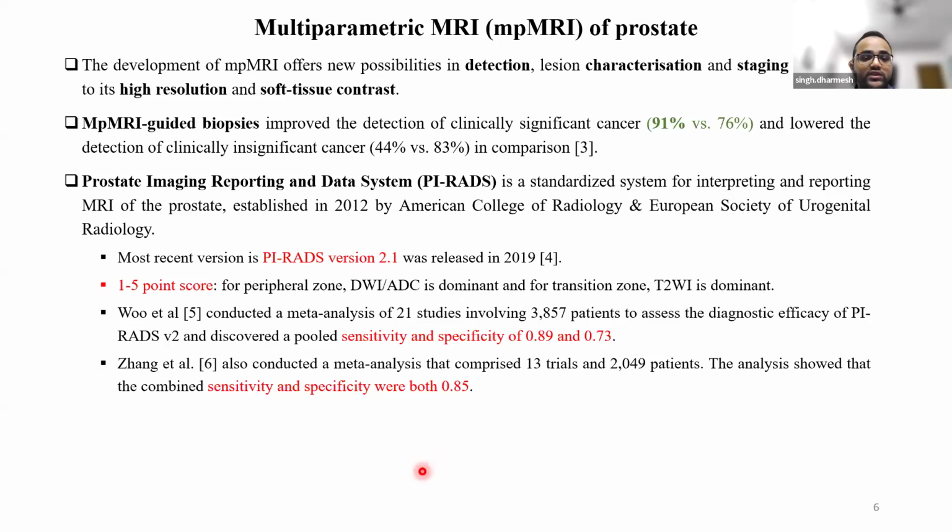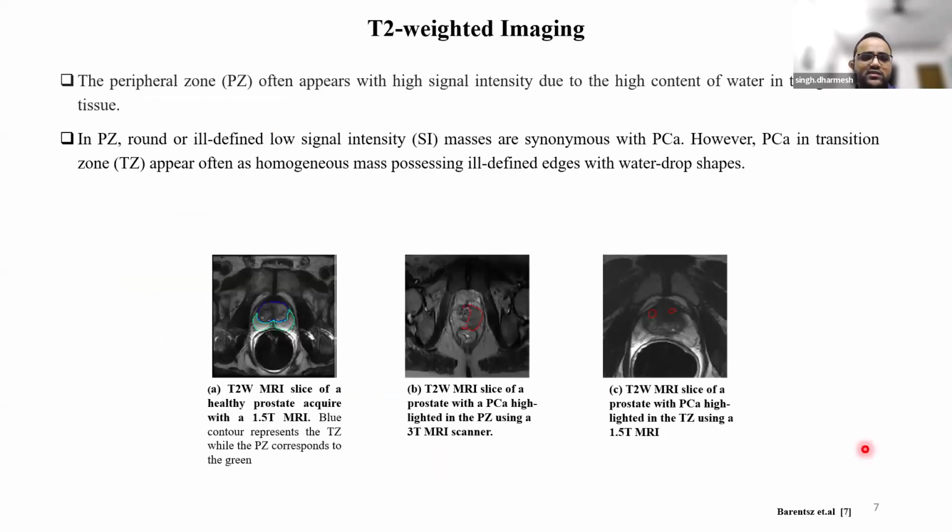One more study was done by Zhang et al., which analyzed around 13 trials with over 2,000 patients, and it showed both sensitivity and specificity around 0.85. So PI-RADS is a standardized reporting system for prostate imaging.